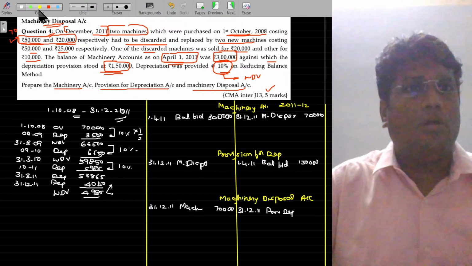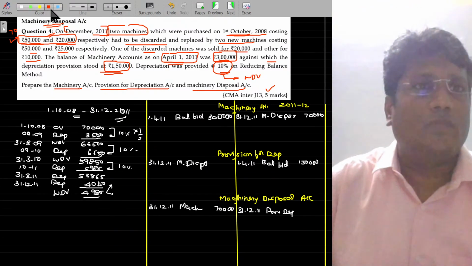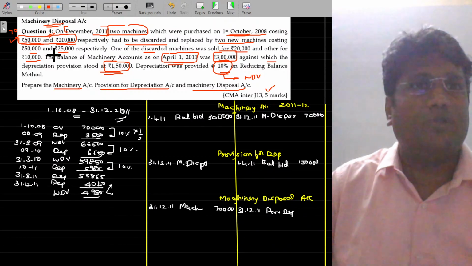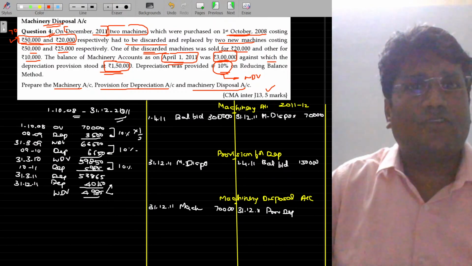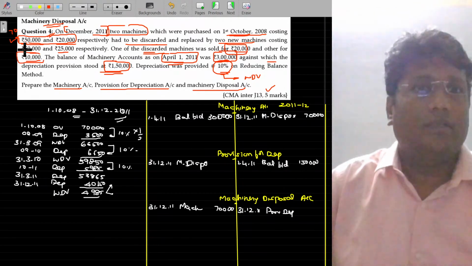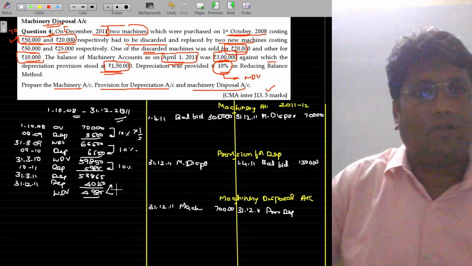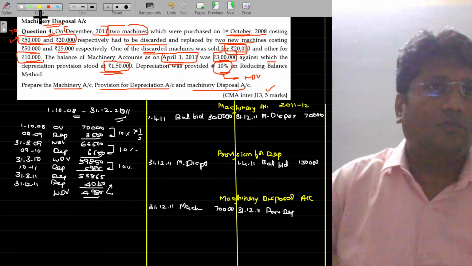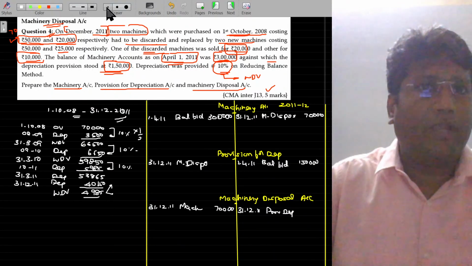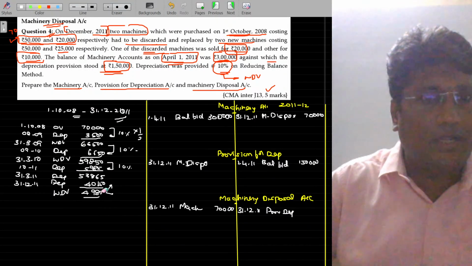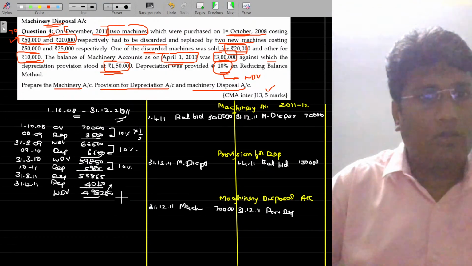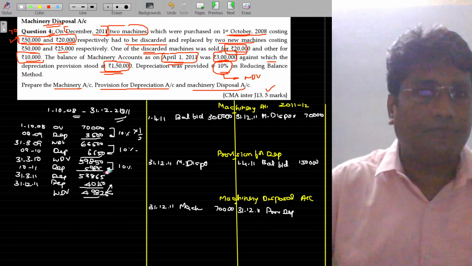Where both the assets are to be discarded, replaced by 2 new machines costing, okay. One of the discarded machines was sold for 20 and the other was 10. I have put the value collectively. So both the assets having the WDV as on that date being 49,825.